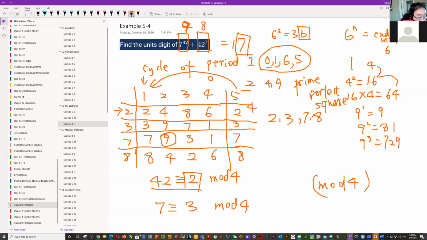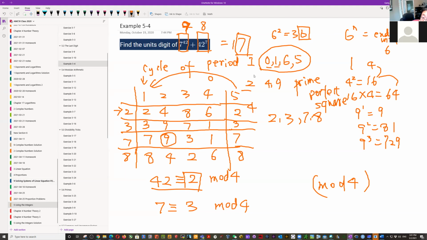So that's the way you find it. This is using modular math. And there is also individual reasoning. You can always reason your way, but I find this is more consistent.